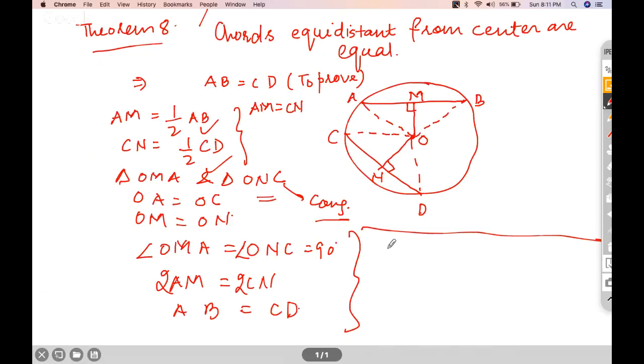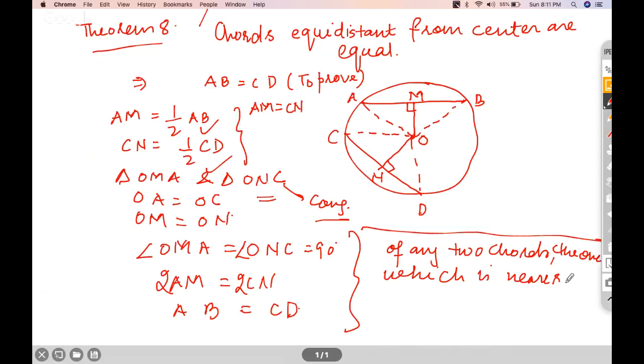One theorem is that of any two chords, the one which is nearer to the center will be longer, and the one which is farther from the center would be smaller. You can look in the book for this theorem and its opposite.